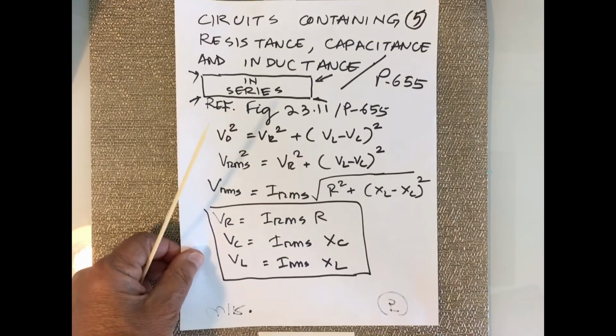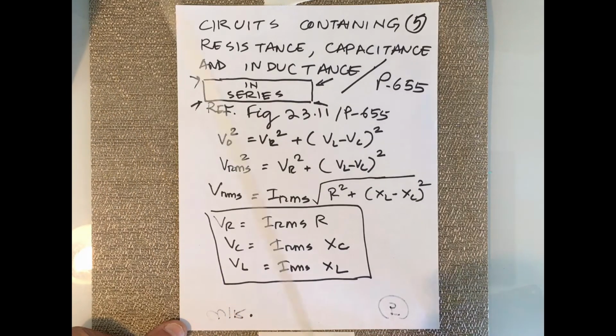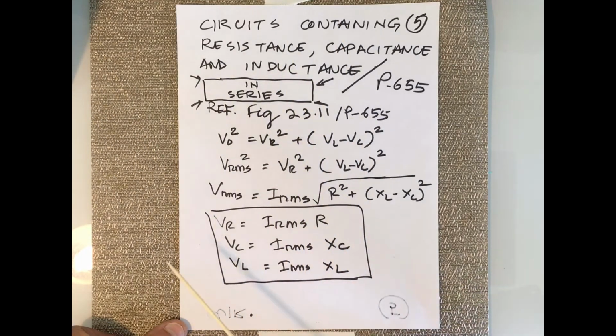Now let's look into a circuit containing resistance, capacitance and inductance. So you have a resistor, capacitor and inductor, all three connected in series, on page 655. Okay, so look at the graph we have.